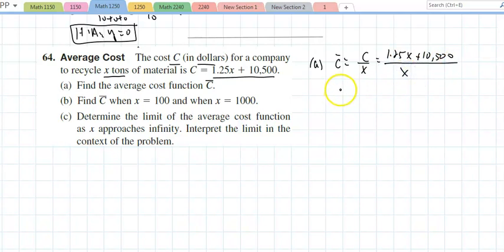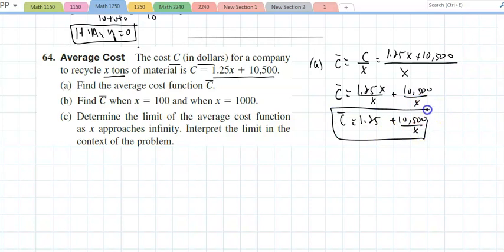I could even say it's 1.25x over x plus 10,500 divided by x. So the average cost function is 1.25 plus 10,500 divided by x. That's part A.